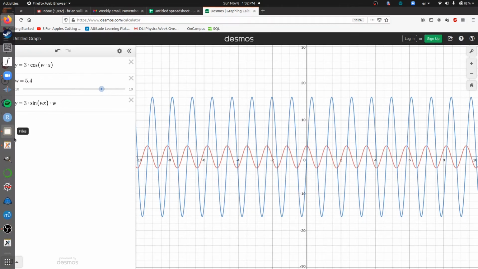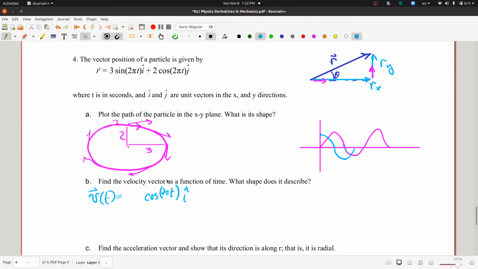Moving back to our problem set, this means that Vx as a function of t is the derivative of this x term, so I have 3 times derivative of sine is cosine, so this is going to be 3 cosine of 2 pi t times the derivative of what is inside for the reason we just explained, so 3 times 2 pi times cosine of 2 pi t.